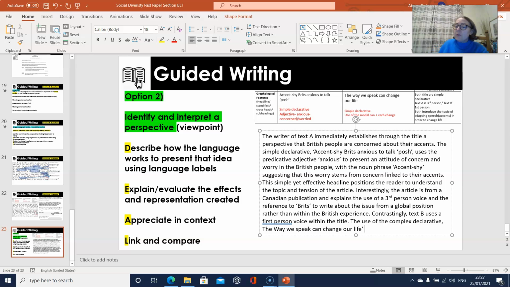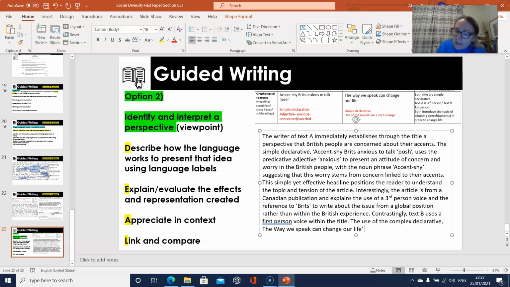Okay, the use of the complex declarative, the way we speak can change our life. Now, what you'll also see is I'm no longer going in the ideal order, but what I'm making sure is that in my link, I'm beginning to hit those criteria. I've got another describe in there, complex declarative. Now I could link that to a perspective, and that would be my segue into my next paragraph.